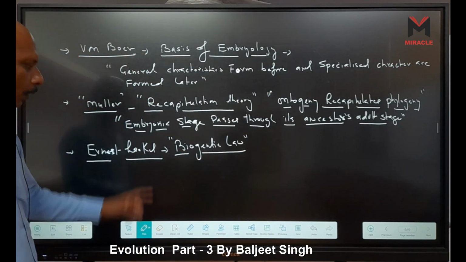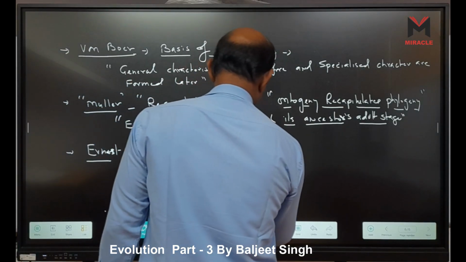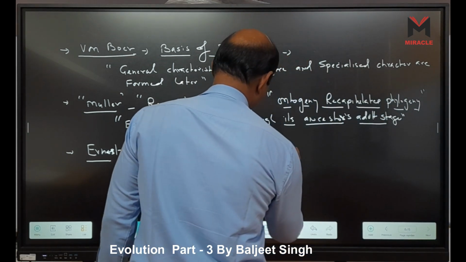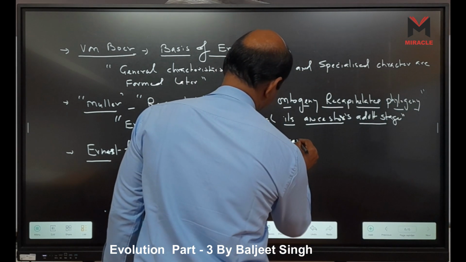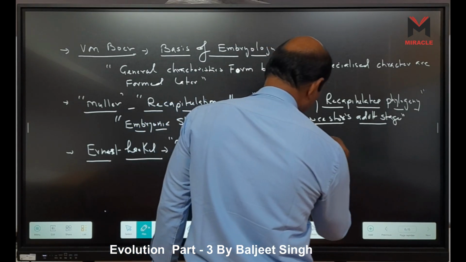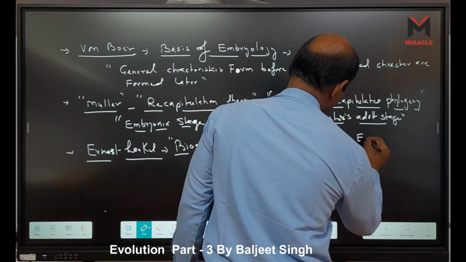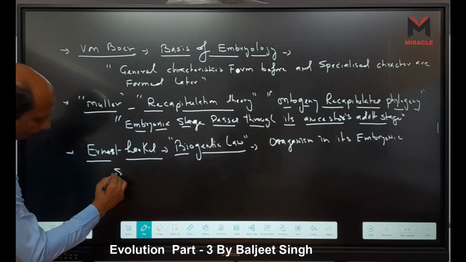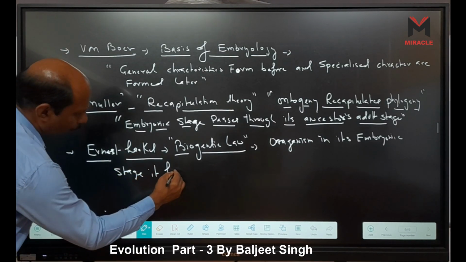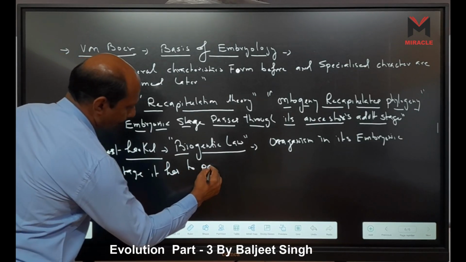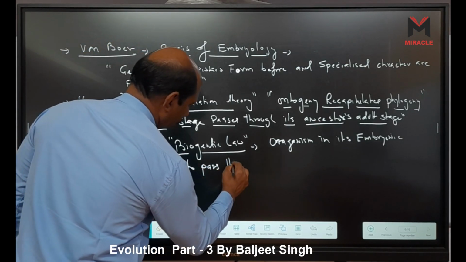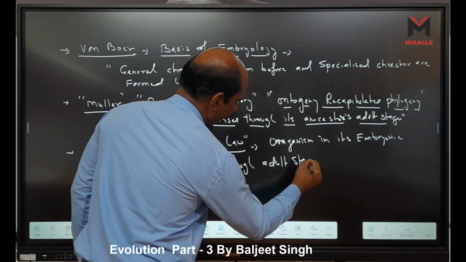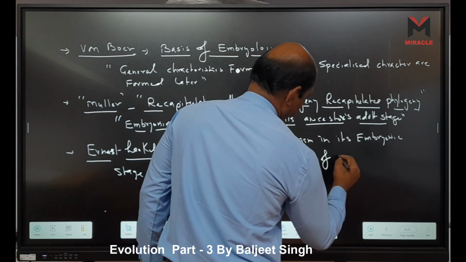Biogenetic law. According to Ernst Haeckel, what he said? All organisms, in their embryonic stage, have to pass through the adult stage of their ancestor.